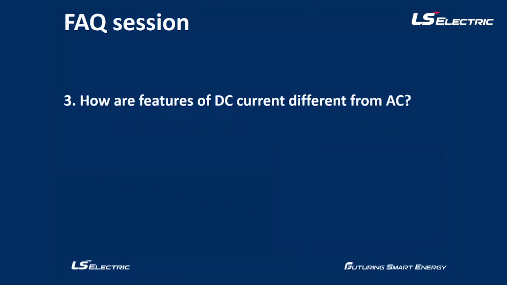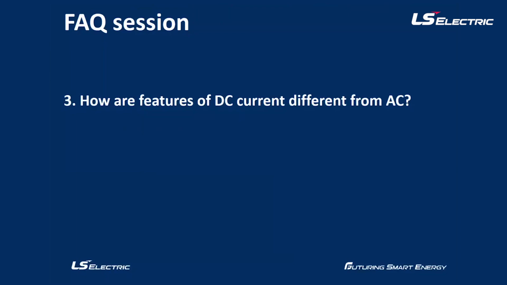I think it's a kind of fundamental question, so I'm going to give a very simple answer. Compared to AC, DC has two major different features: zero frequency and time constant. In terms of breaking, DC current is more difficult to break because there is no zero crossing during the connection.